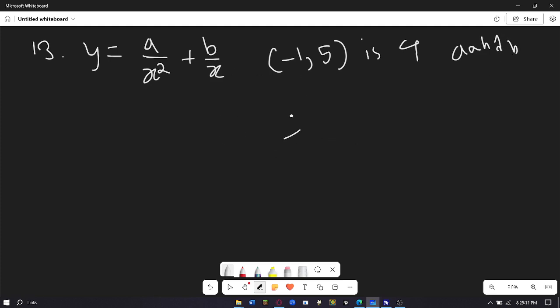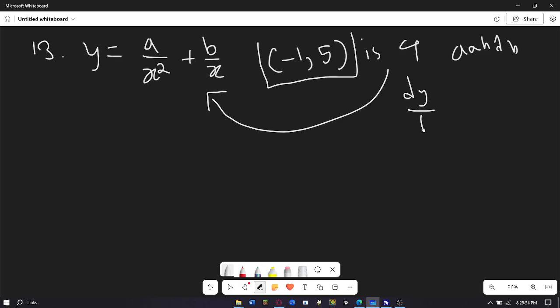Okay, from this, we know a few things. Firstly, we have two unknowns, so we need two equations. And what this question is telling us is, at this specific point, dy by dx is equal to 4.